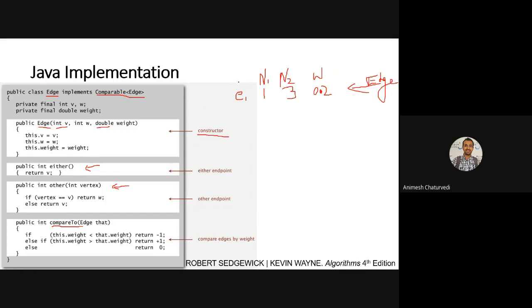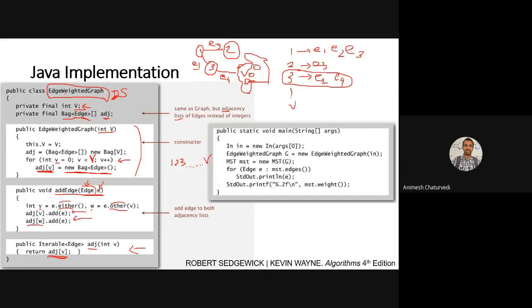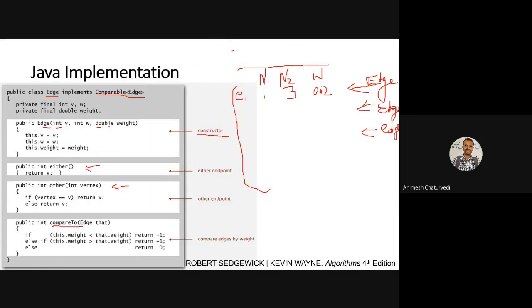But this whole thing that we had discussed, the number of edges, there are many edges. So what is this? This is actually the edge weighted graph.